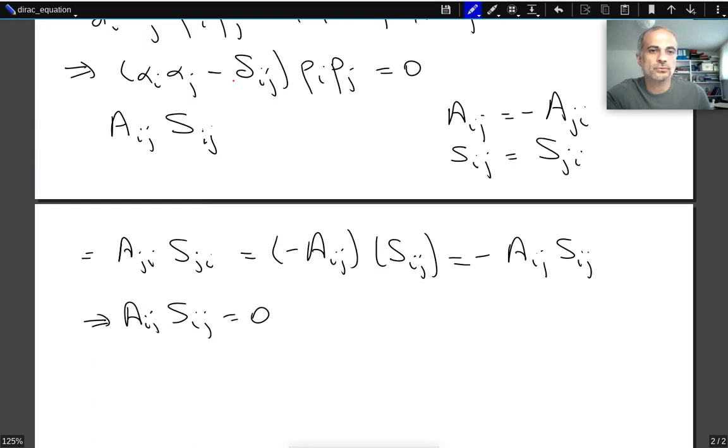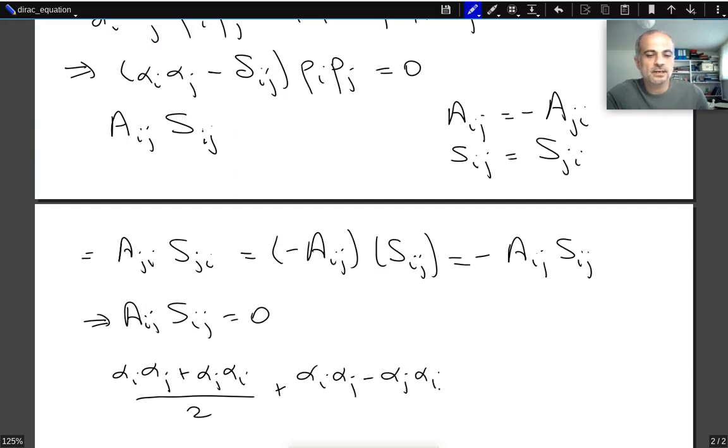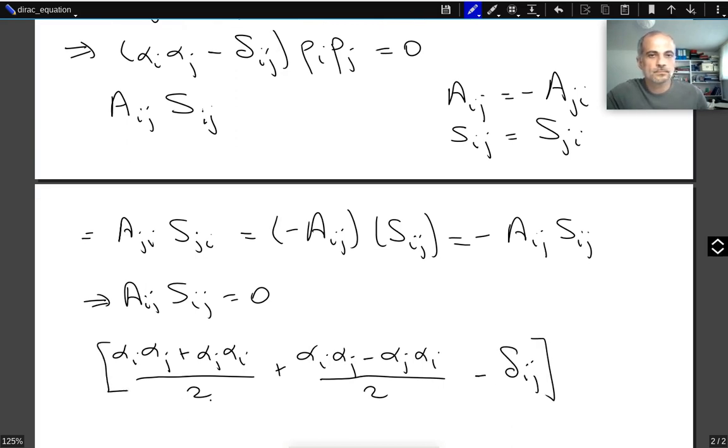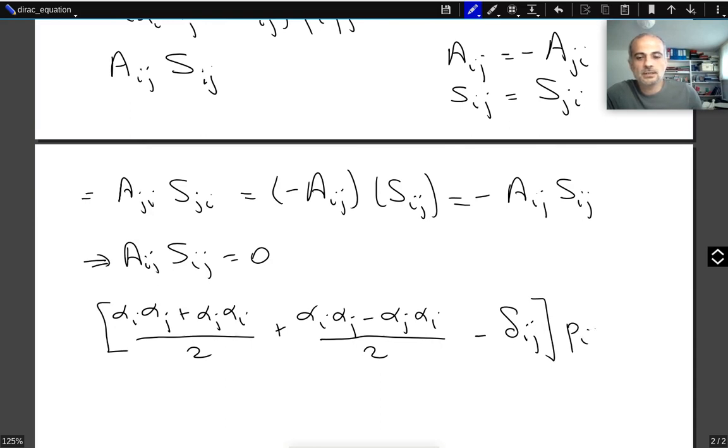So if we go back to this relation over here, let me write it in a slightly different form. Alpha I, alpha j plus alpha j, alpha I over 2, plus alpha I, alpha j minus alpha j, alpha I over 2, minus Kronecker delta ij, times pi pj, is equal to 0.